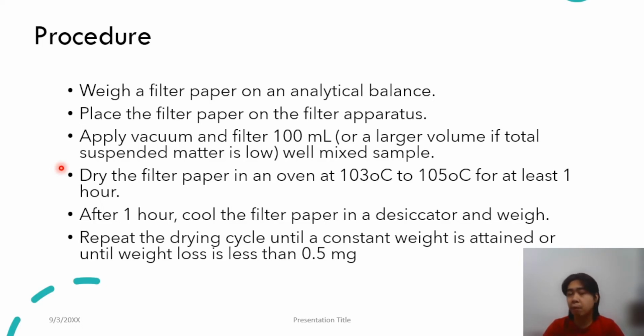Next, apply vacuum and filter 100 milliliters of well-mixed sample, or a larger volume if the total suspended matter is low. Dry the filter in an oven at about 103 to 105 degrees Celsius for at least an hour. After an hour, cool the filter paper in a desiccator and weigh. Repeat this drying cycle until a constant weight is attained or until weight loss is less than 0.5 milligram.